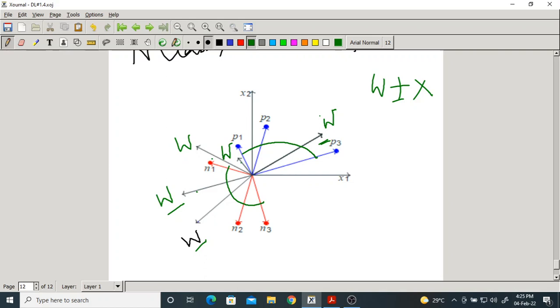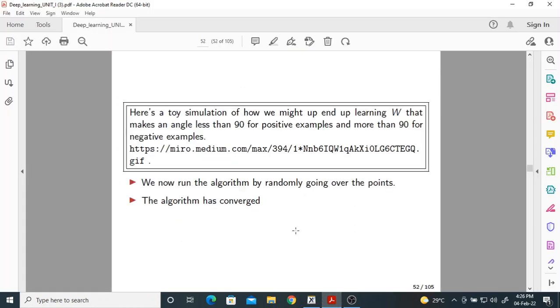So like this we do the updation or iteration of the vector W so that it classifies the inputs properly. Now this algorithm has converged. Finally it converges. We run the algorithm by randomly going over the points.